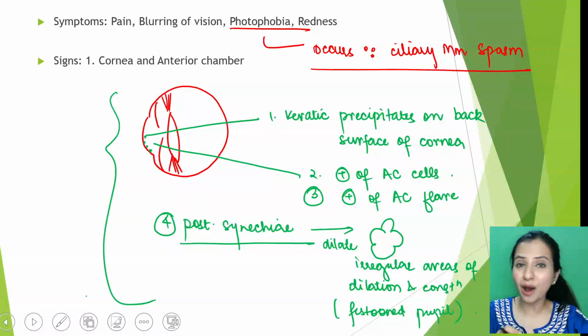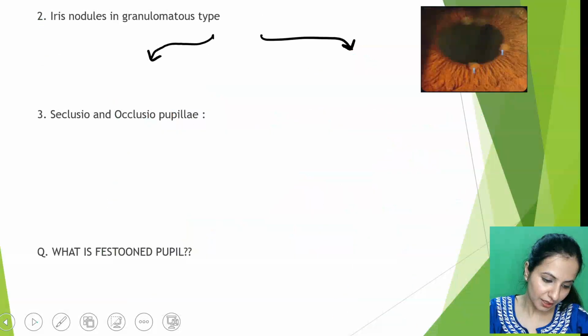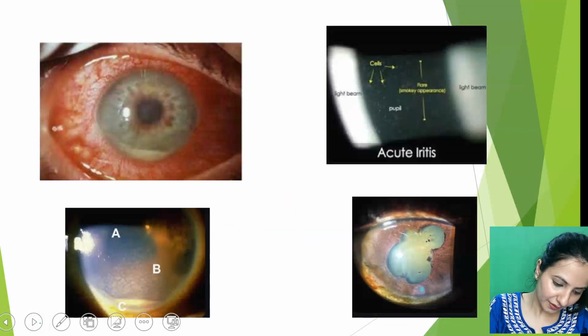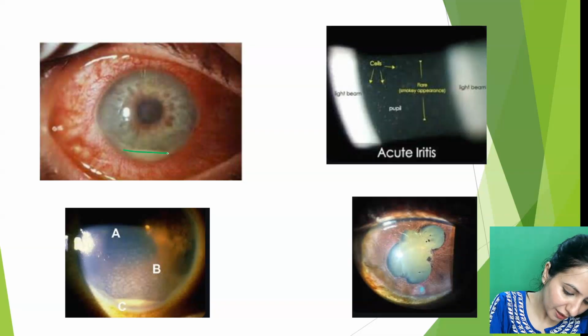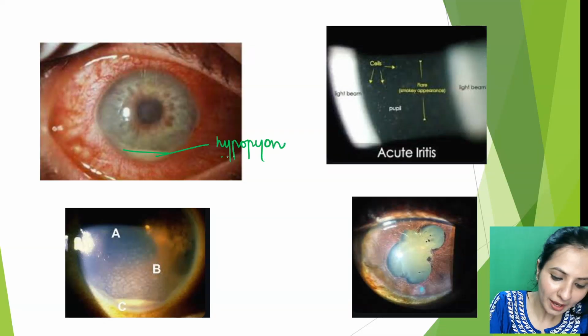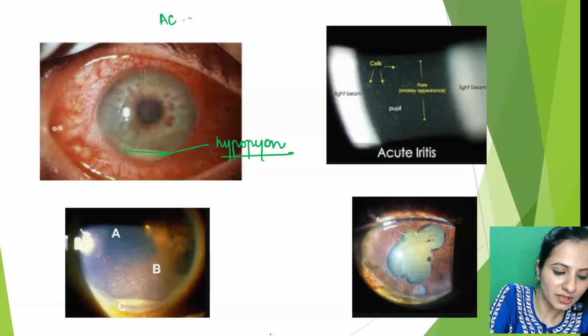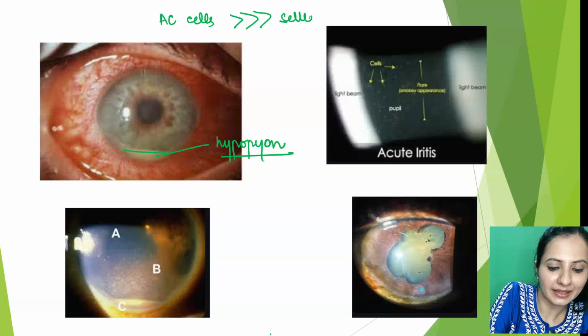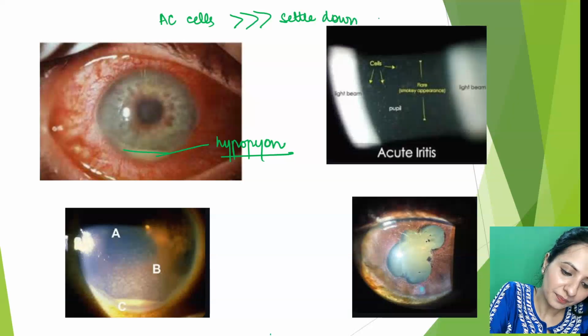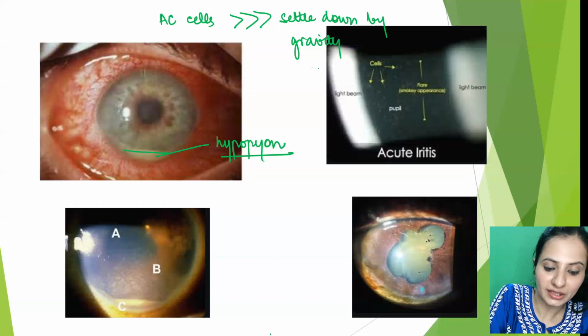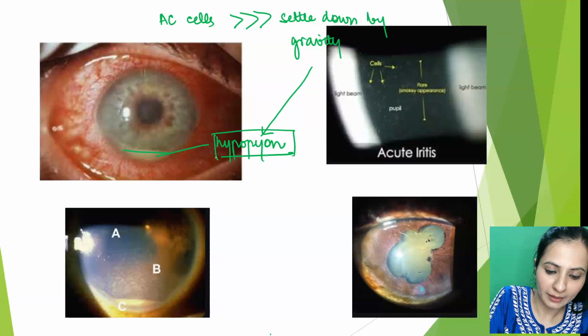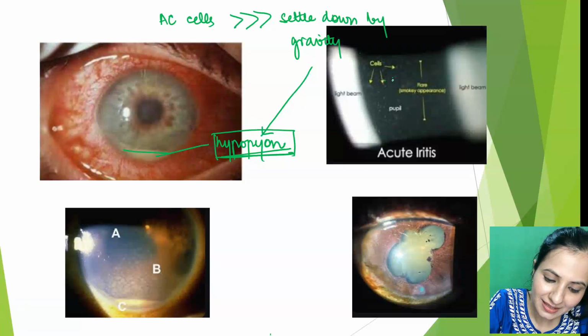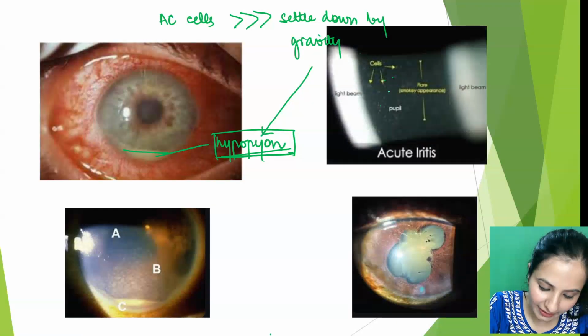Now let's look at how all of these look. This is your hypopyon. What happens is whenever your anterior chamber cells are very much in number, they settle down by gravity. And what does it lead to? It leads to the formation of hypopyon. Here you can see cells in the anterior chamber.